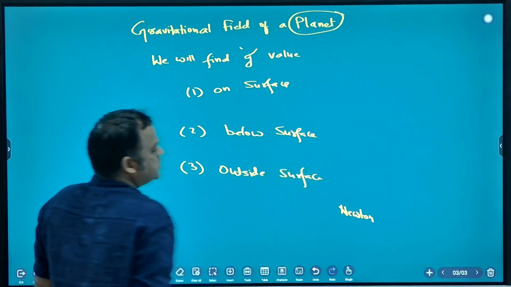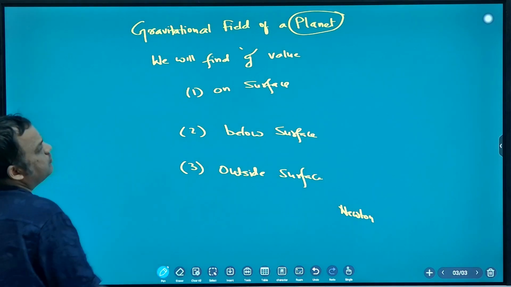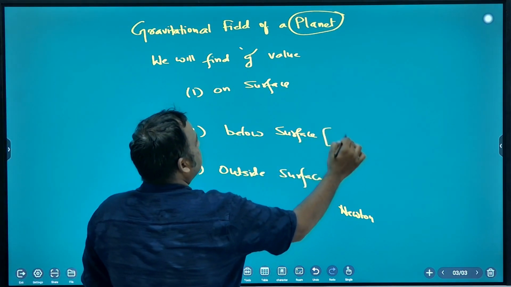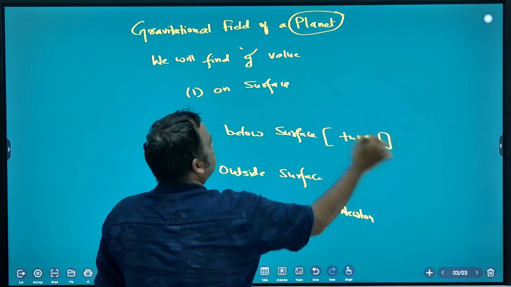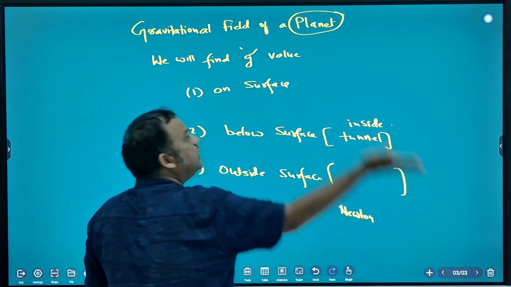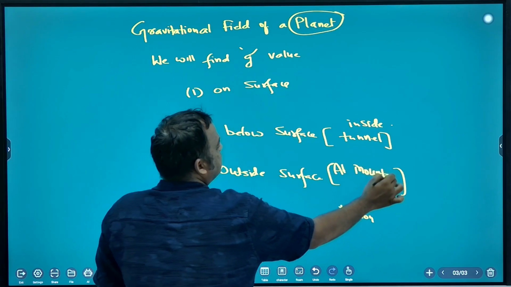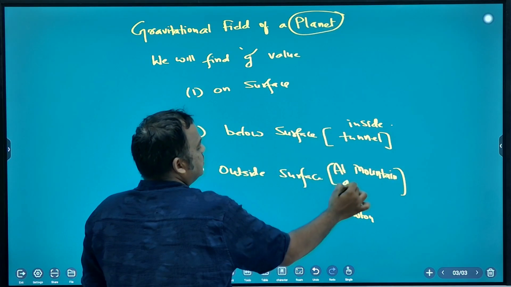We will find g value on surface, below surface means inside earth. You can call it tunnel, inside tunnel. Outside surface means at height, mountain, or you can say building top at height.